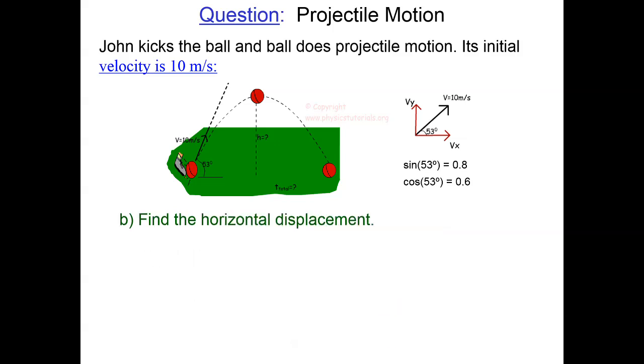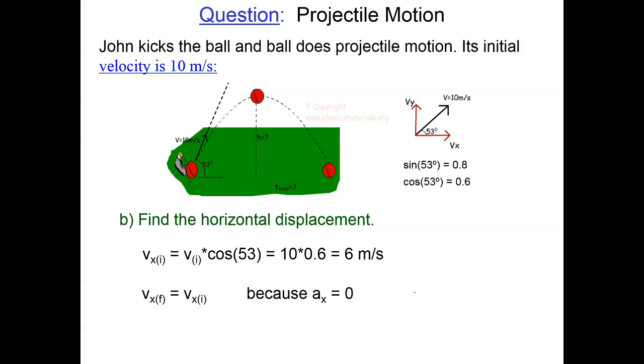So, all right, and so now we want to find the horizontal displacement, so the range. To do that, we can multiply the time in the air, so that's going to be 1.6 seconds, and we want to multiply that by the x component of the velocity, so that's going to be the v initial, the 10 meters per second, times the cosine of 53 degrees, so that's going to be 6 meters per second.